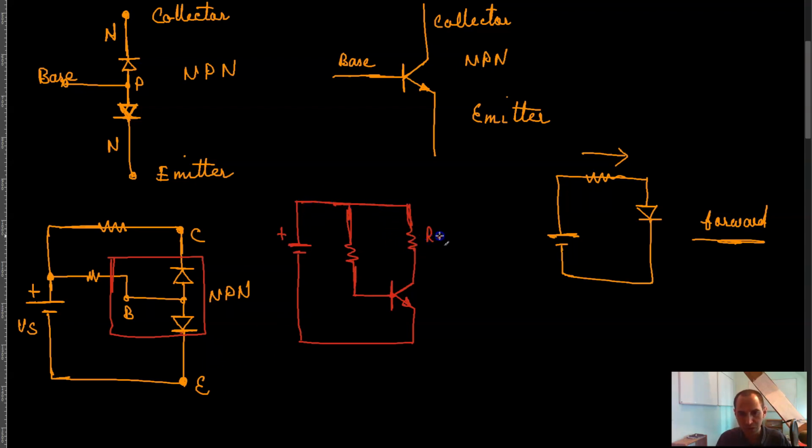So this is your R of C, this is your R of B, and this is your V of S, and this is an NPN transistor. This circuit, you need to be able to understand how it works, and you need to be able to draw it on your own.